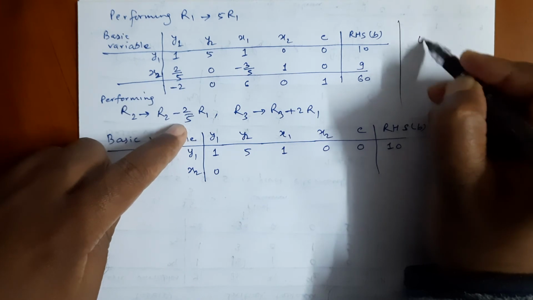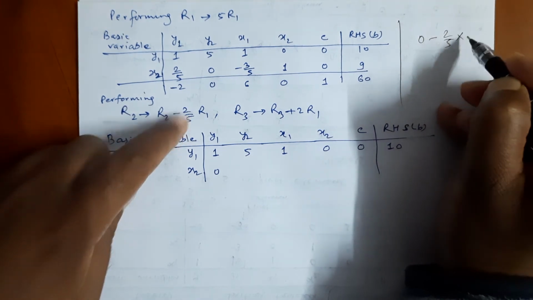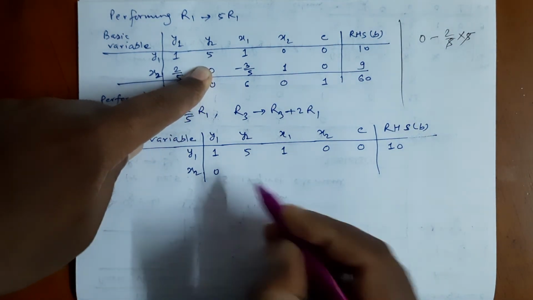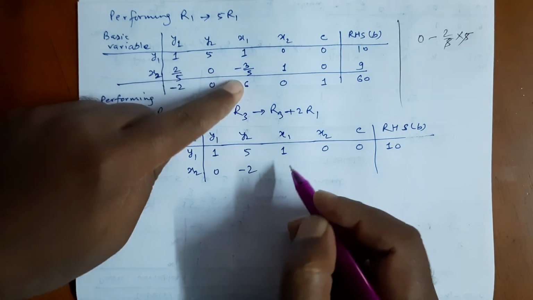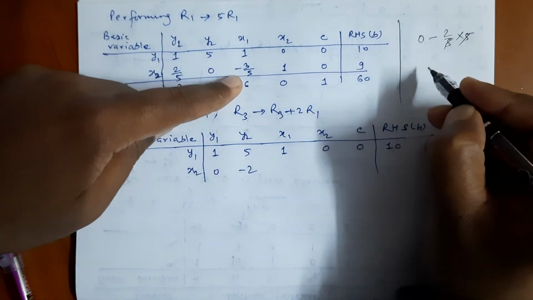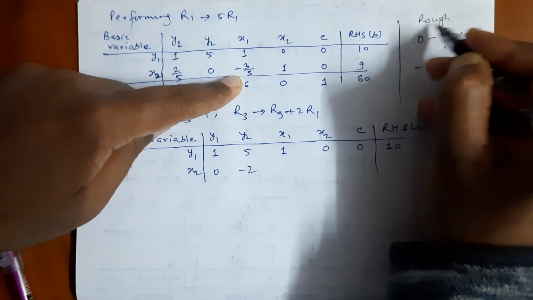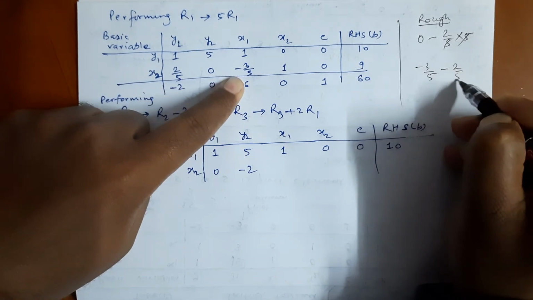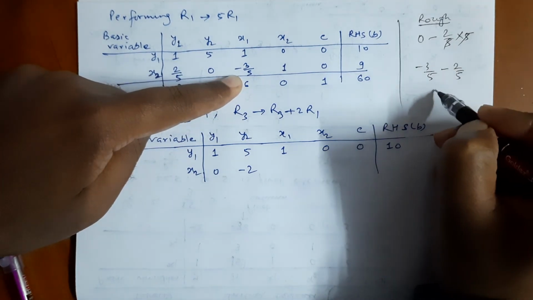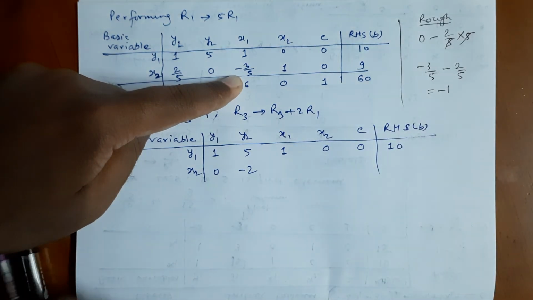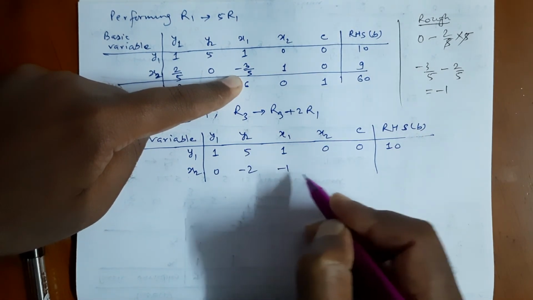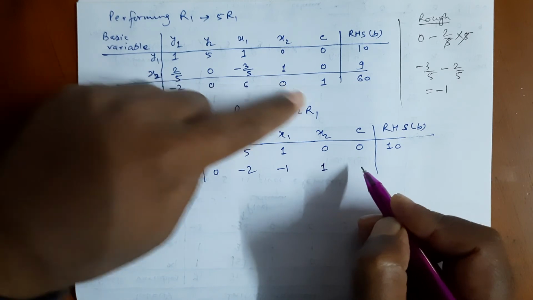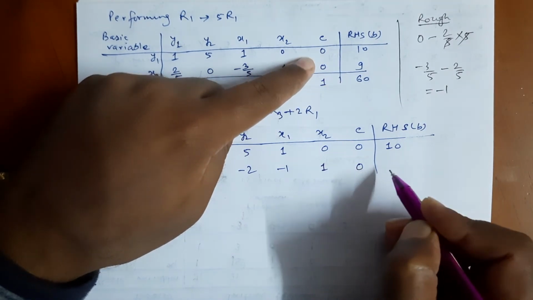So 0 minus 2 by 5 times 5, that will be minus 2 here, and minus 3 over 5. This is rough work. 3 over 5 minus 2 over 5, that will be minus 1. So we have minus 1 here, and 1 minus 2 by 5 times 0, that will be 1 itself. 0 minus 2 by 5 of this will also be 0.